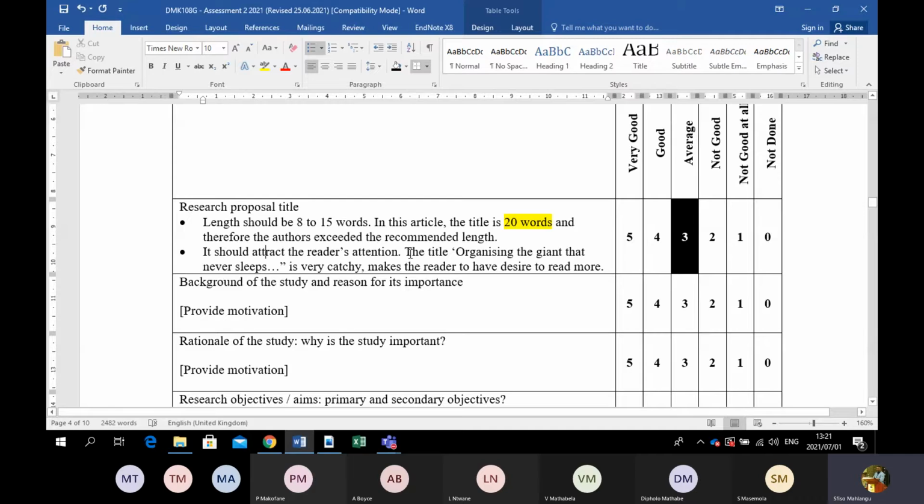It happens quite often that when you evaluate, we tend to think that we're only evaluating things that are bad and we write only things that are bad here. But even if something is good, we have to write it down because it shows that we understand what we're looking for. So by writing this statement, we have illustrated that we know we're looking for the article to attract our attention, and when I read it, it did attract my attention.